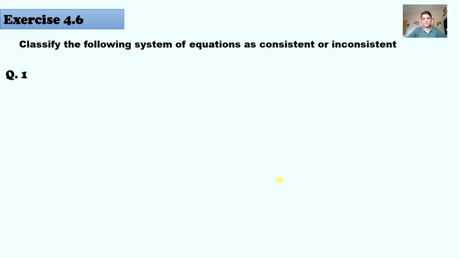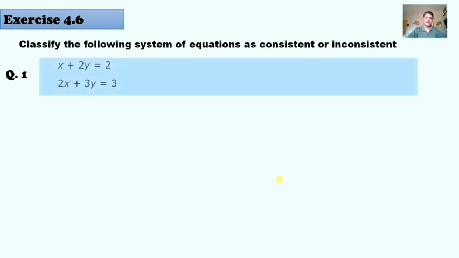Now let us start exercise 4.6, which is the application of matrices in the form of determinants also. Here comes the first question: classify the following system of equations as consistent or inconsistent. Question one is x plus 2y equals 2 and 2x plus 3y equals 3.